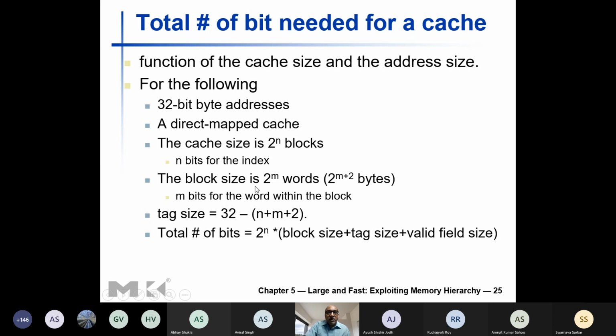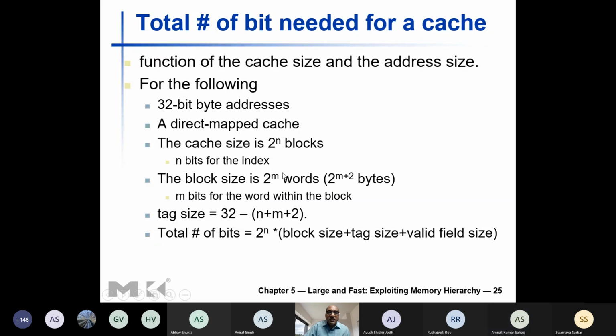And again, assume that each block contains 2 power m words. If it is only 1 word, then m is 0. If it is 2 words, then m is 1.